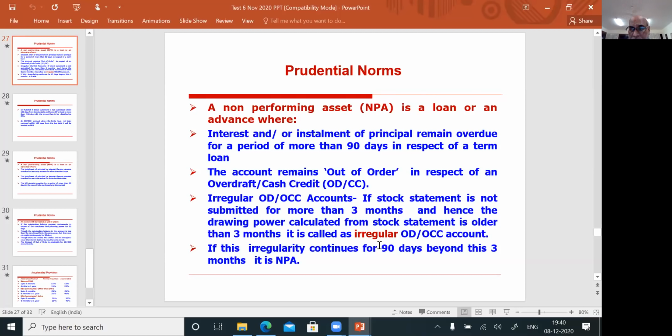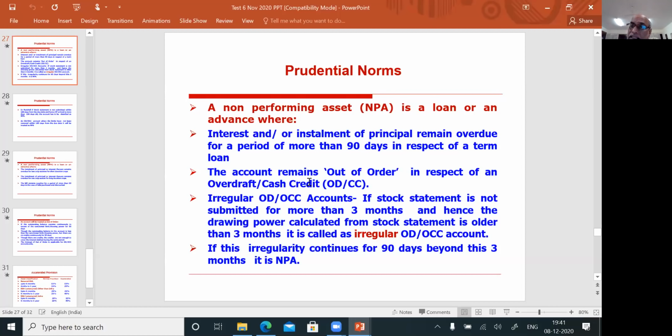Any one of these, and the account will be classified as out of order, and all out of order advances with regard to OD/OCC will be NPA. Another type of OD/OCC account: even though everything is fine, if the stock statement is not submitted, then the account will be classified as NPA. From the due date up to 3 months, it will be classified as an irregular account.